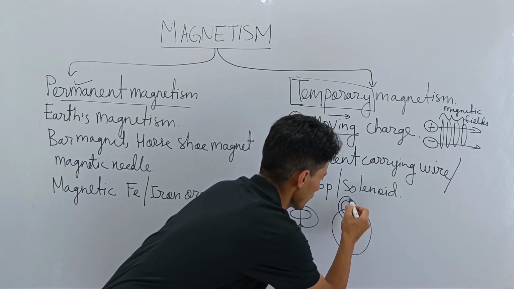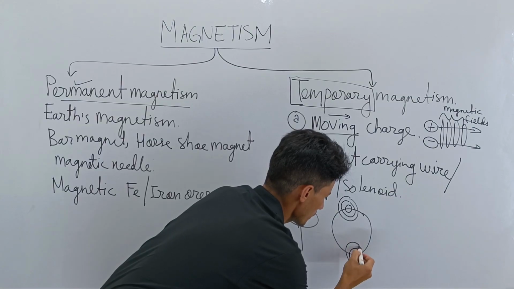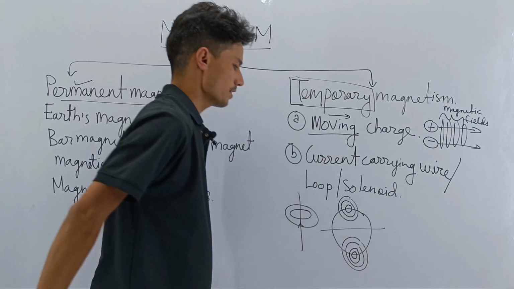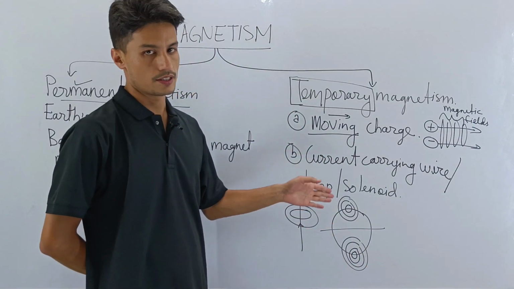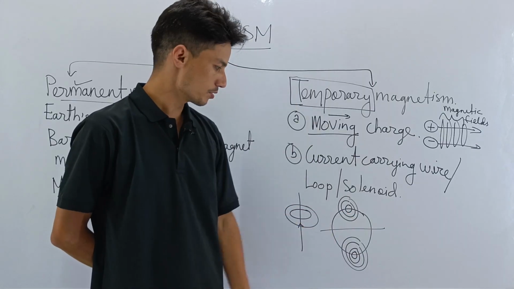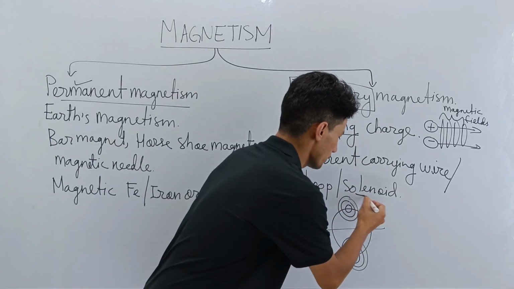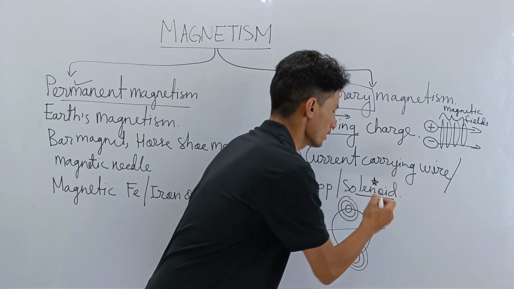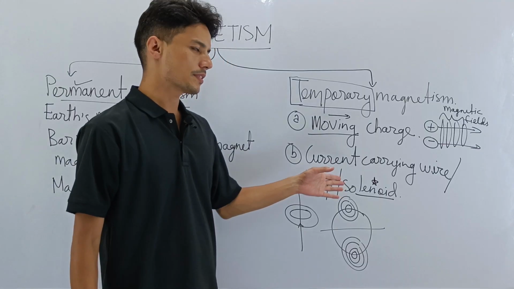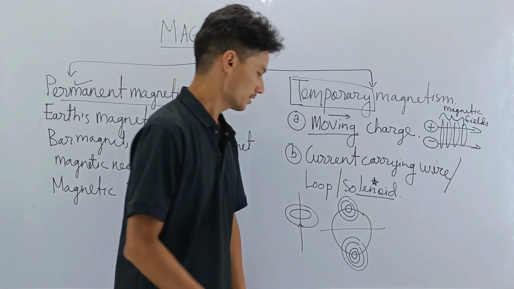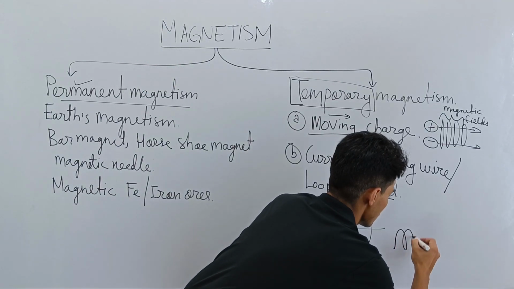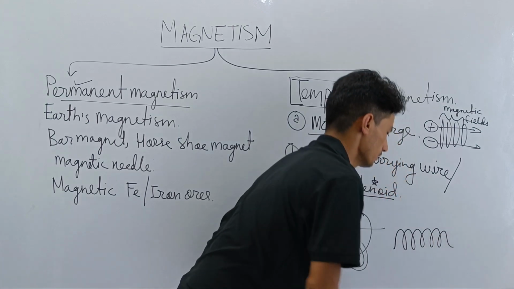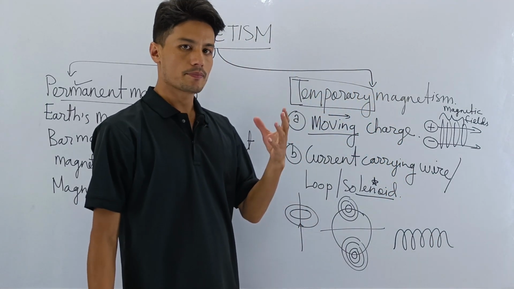So the magnetic field will be like this, okay. We'll be discussing this in detail in the upcoming videos. And even the solenoid, a very, very important topic in your syllabus, which we will be studying in detail. A solenoid is like this, a copper coil having many turns.